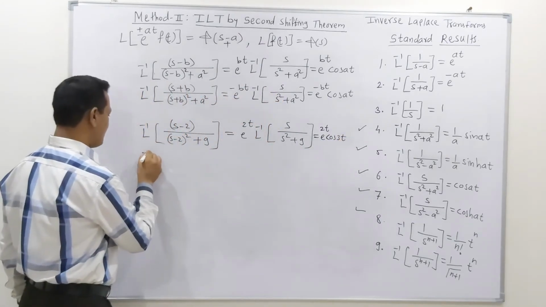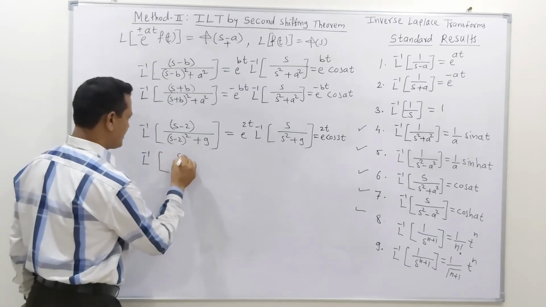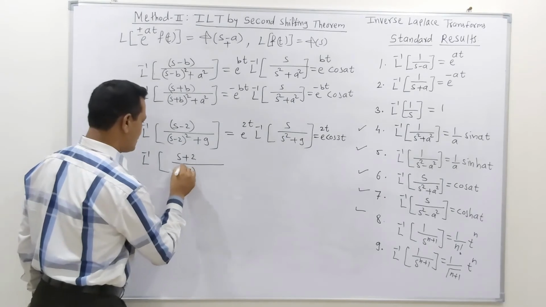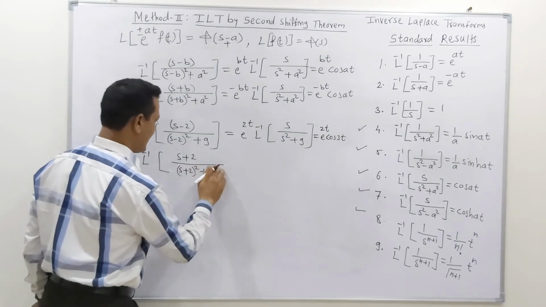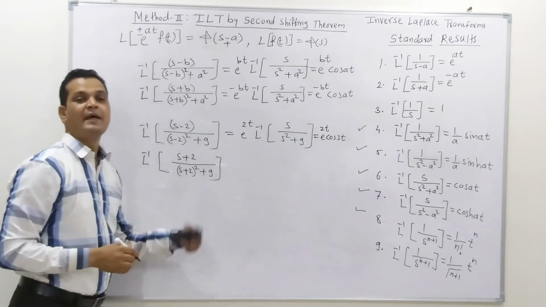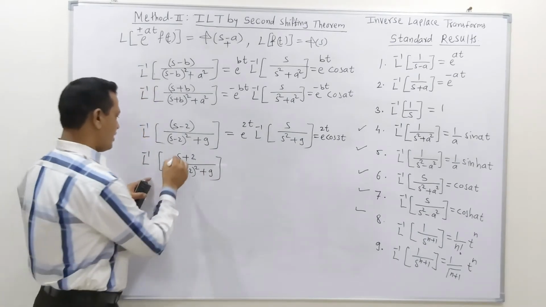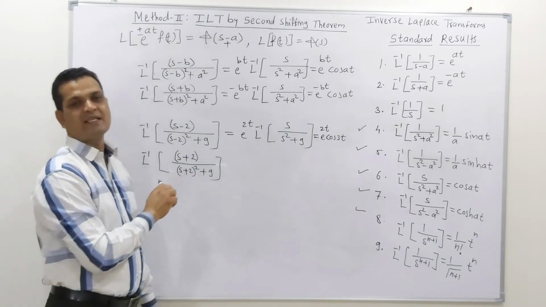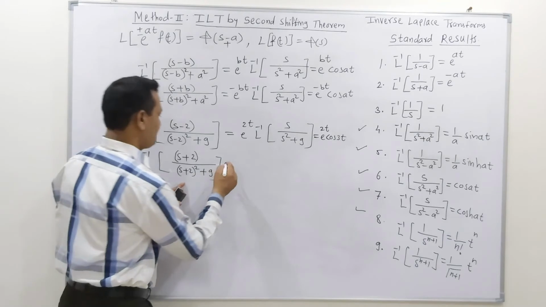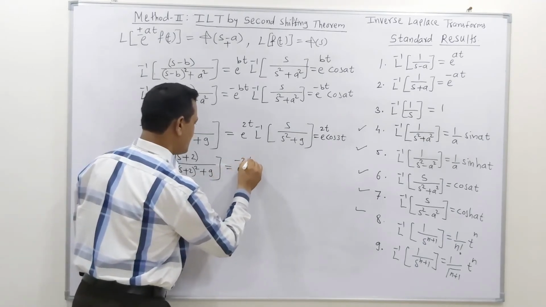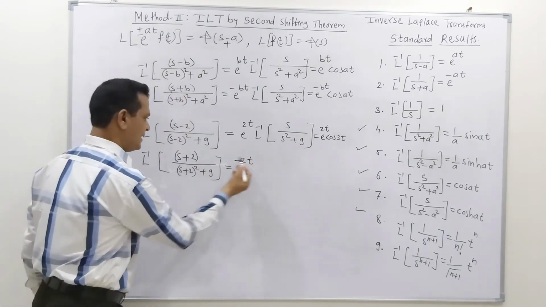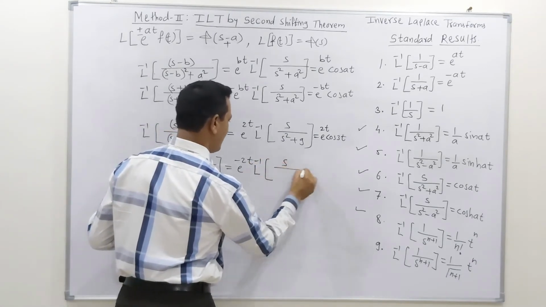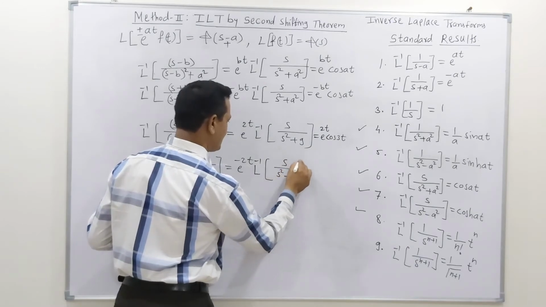Now let's take one more example. Suppose we wish to find the inverse Laplace transformation of s plus 2 upon (s plus 2) square plus 9. Observe that if we put a bracket here, then constant 2 is added to the parameter s, so we can write this as e raised to minus 2t, because plus is there, so we write minus, into the inverse Laplace transformation of s upon s square plus 9.